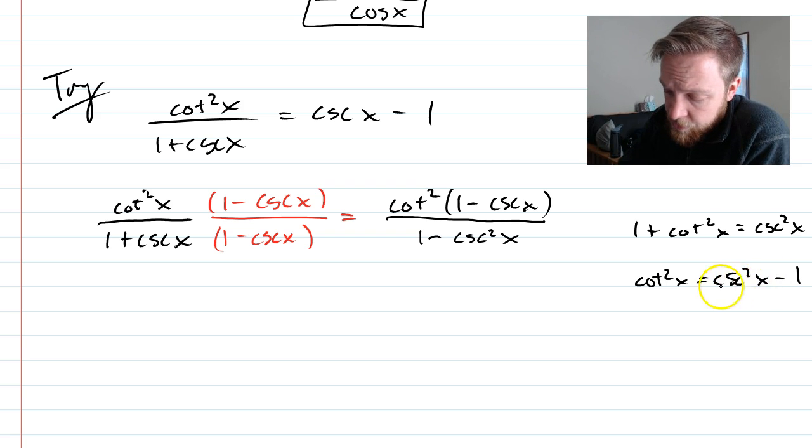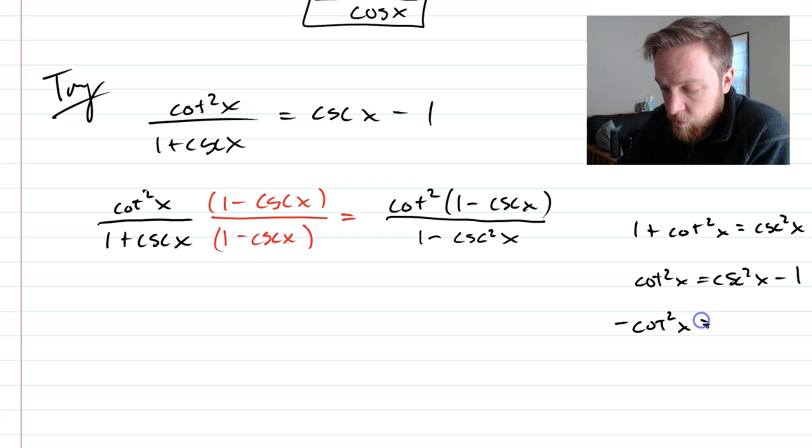My cosecant is positive here when it should be negative, and my 1 is negative when it should be positive. So negative cotangent squared of x should be with cosecant squared negative and the 1 positive. So that would be 1 minus cosecant squared of x.